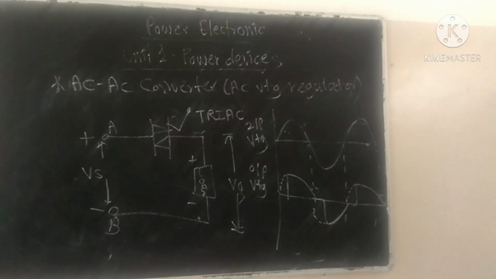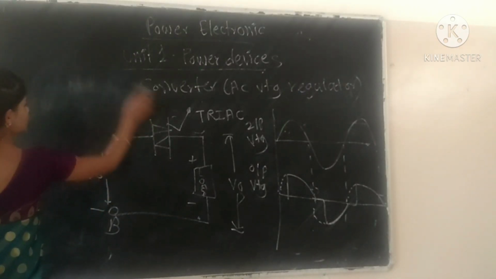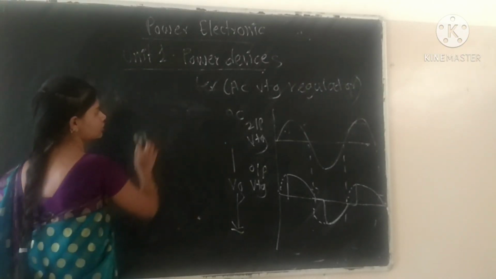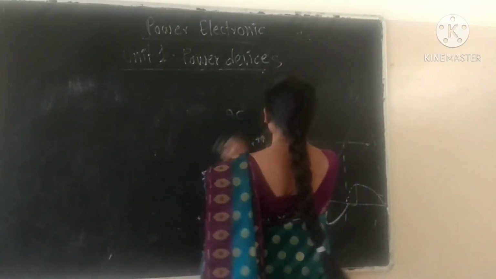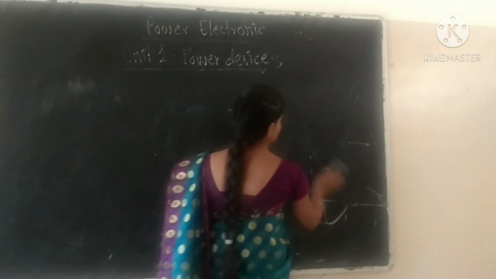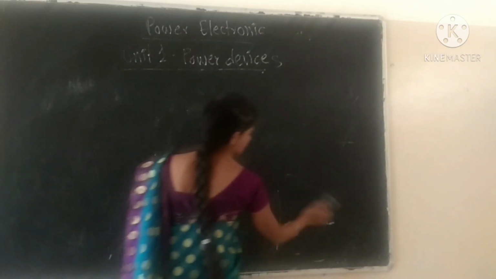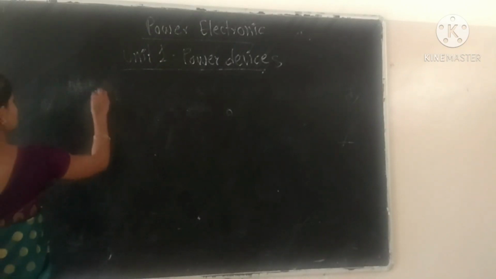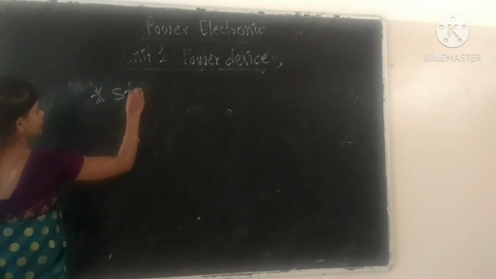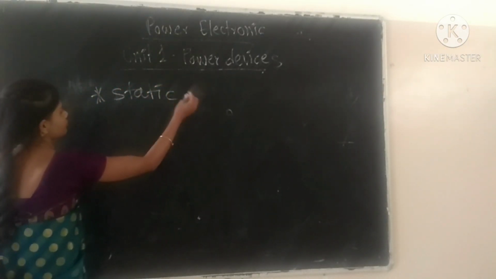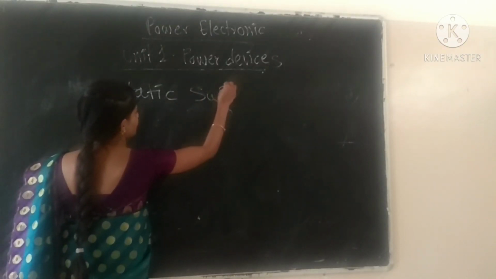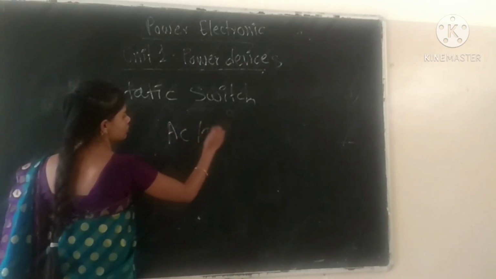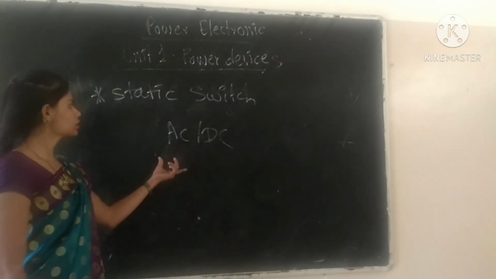Then we see the static switch. Another classification, or the last type of power device, is the static switch. In a static switch we use AC voltage or DC voltage depending on the requirement.